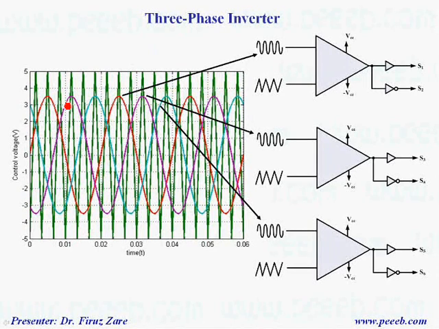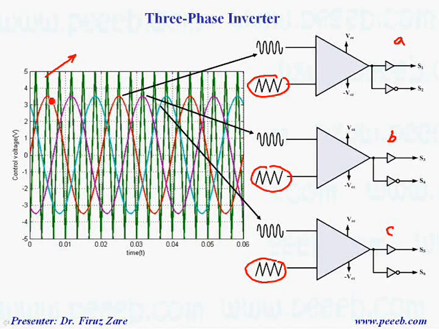So in control section, similar to unipolar, we have carrier signal here, which is a triangular waveform for 3 legs. Because we have 3 phases, phase A, phase B and phase C, or we can say leg A, leg B and leg C, we need to have 3 control signals.